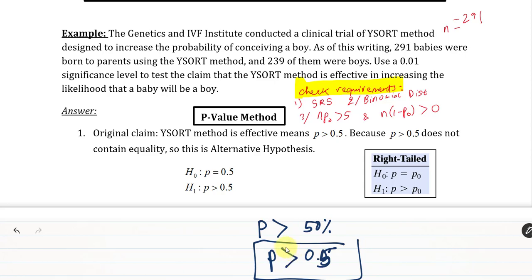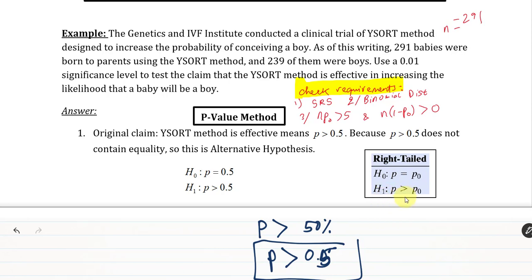Now, because the inequality p bigger than 0.5 does not contain the equality, this is the alternative hypothesis. Remember, only the one that has the equal sign would be the null hypothesis.